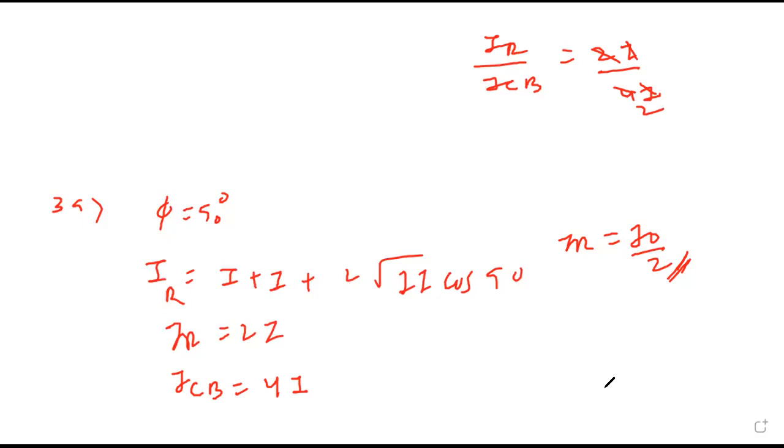I naught by 2 is the answer when it is incoherent, because the resultant becomes 2I. 2I means twice the individual, that means half of I maximum.